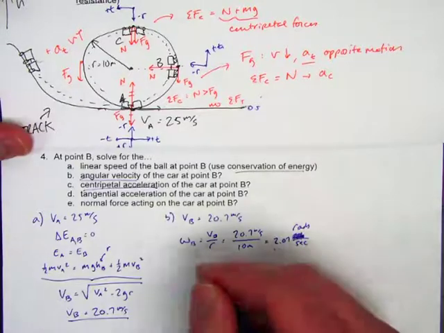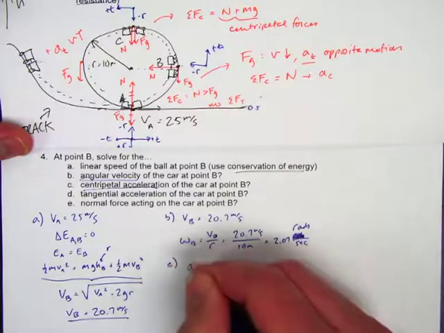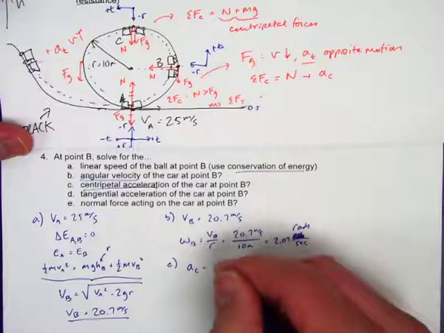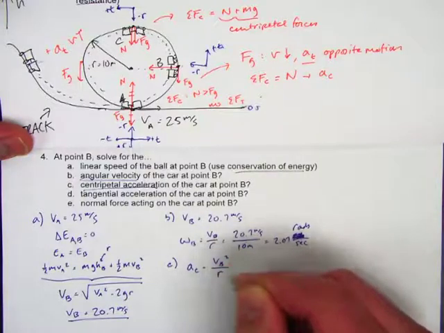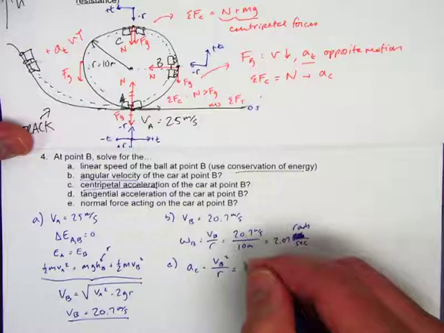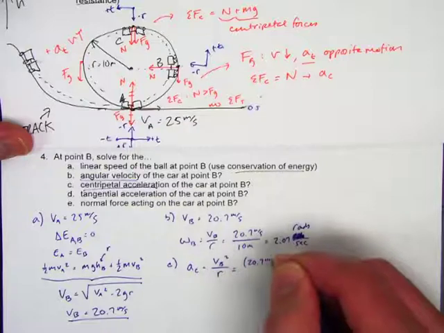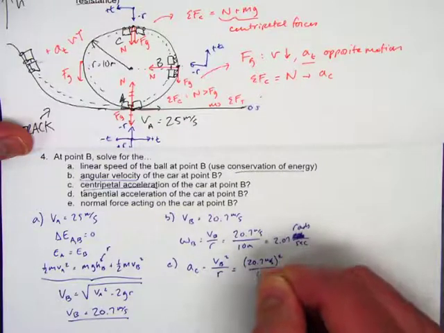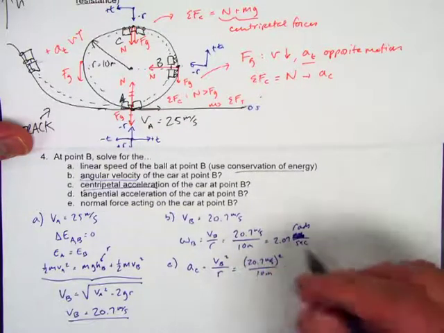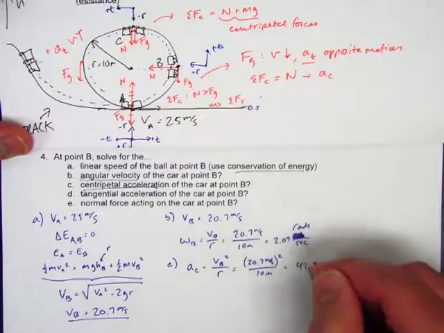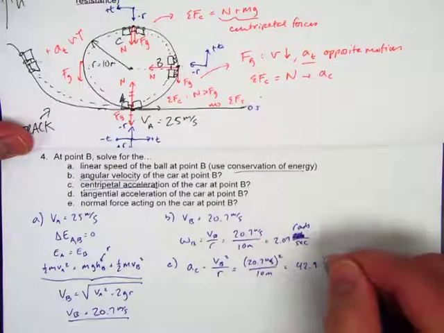My centripetal acceleration should also have decreased. So at that point, it's going to be dependent upon the linear speed at that moment squared divided by the radius, which will be my 20.7 meters per second squared over 10 meters. So my centripetal acceleration is now 42.9 meters per second squared.